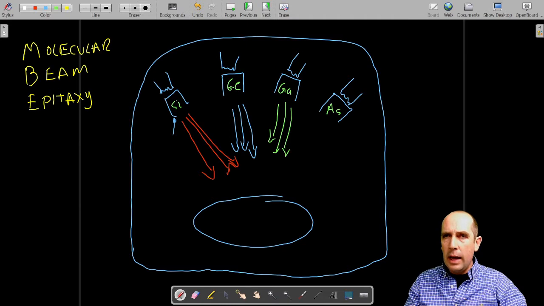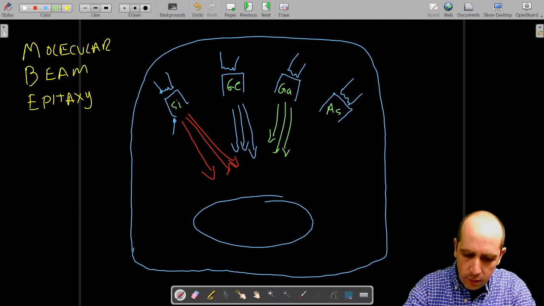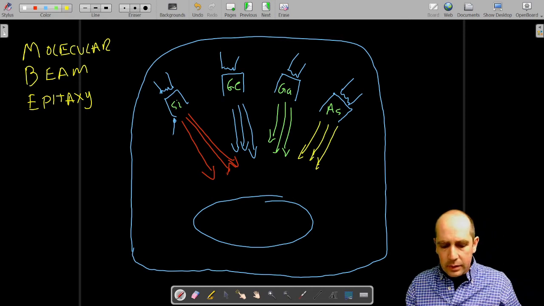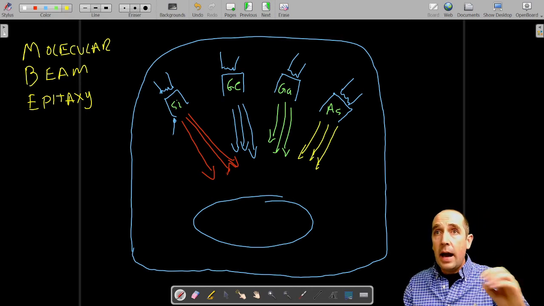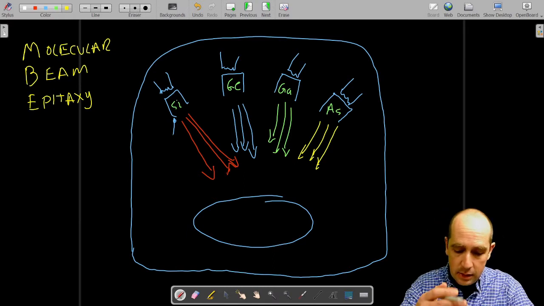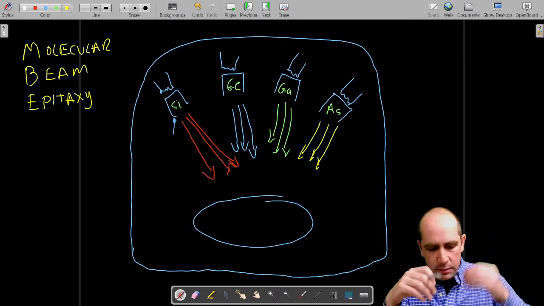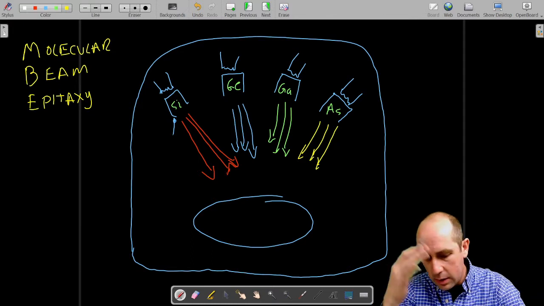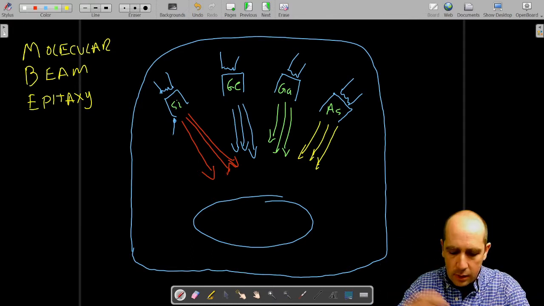This will help with the growth of the crystals, and these sources basically send atoms in this gas form. It's really just a beam of atoms of silicon or germanium or gallium or arsenic or whatever you're using in your growth.